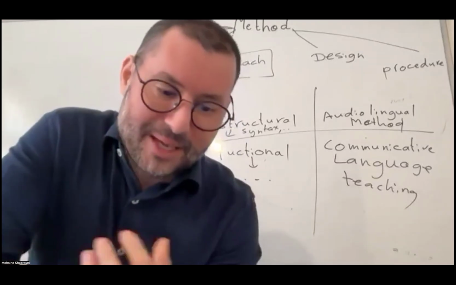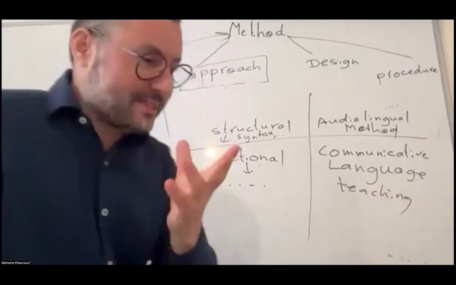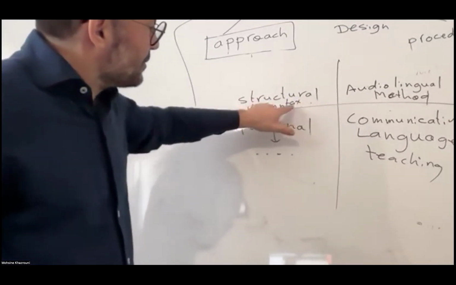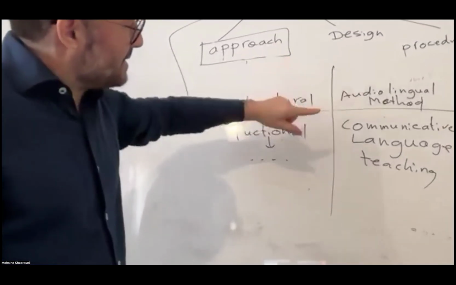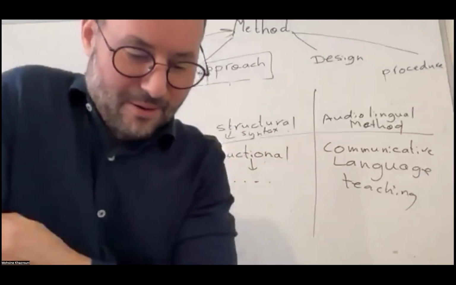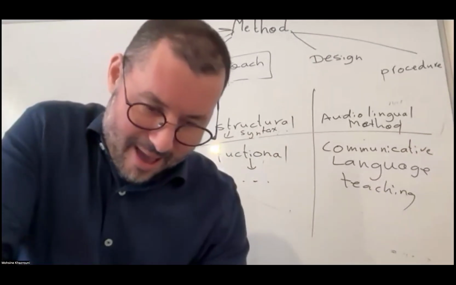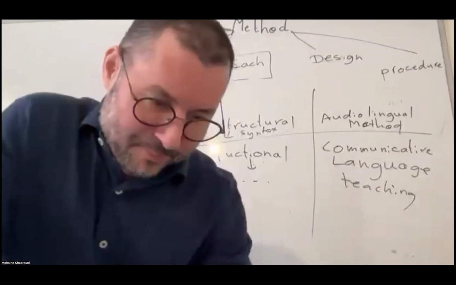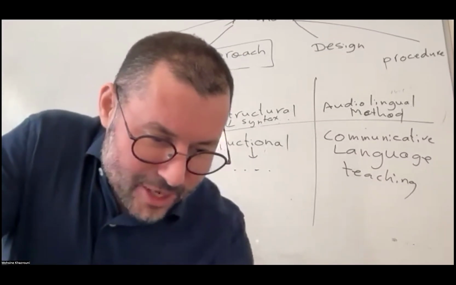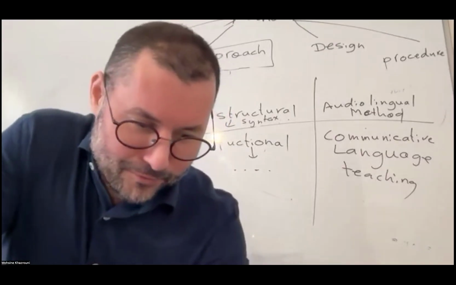So the focus is not only at the level of structures and rules, but beyond that, we take into consideration the function of language, the communicative aspect of it. Farah, very good. Would you like to read something from the next paragraph about the functional view?